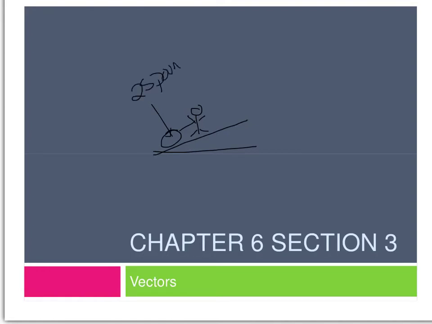That would be the magnitude of whatever it is that you're pulling up that incline. And the direction, let's say our incline is 15 degrees. So now we have the magnitude of whatever we're pulling up and the direction at which we're pulling up the cart or whatever you're dragging uphill.